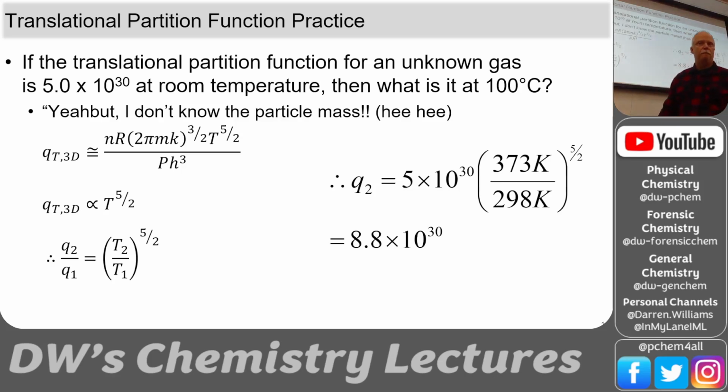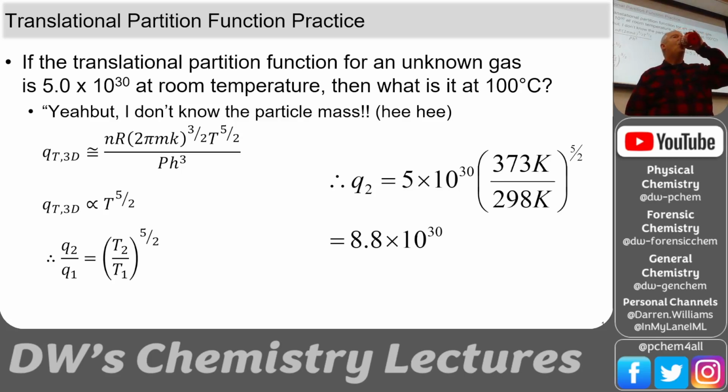Yes, so we had to use the information in the previous problem? Well, it's just given there, 5 times 10 to the 30 at room temperature. Even if we hadn't done the first problem at all, we're given Q1 and T1 and given T2 in the problem.